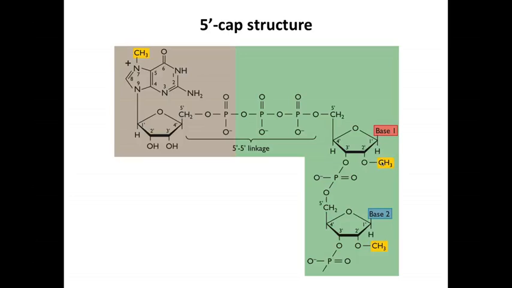There is also a methylation on this oxygen of the ribose of the first base, and sometimes the oxygen on the second ribose is methylated as well. So cap1 structures involve methylation on the terminal G and the first base, and cap2, those two plus a third methylation site. That's what a cap structure looks like, and as we'll talk about during translation, the cap structure is needed for efficient translation of mRNAs, and also for their stability and other processes as well.